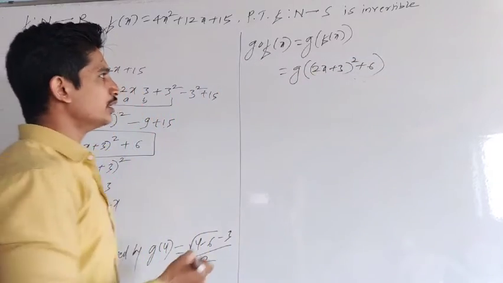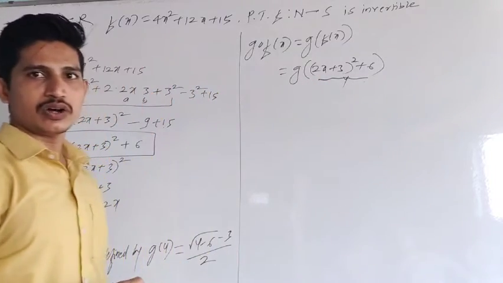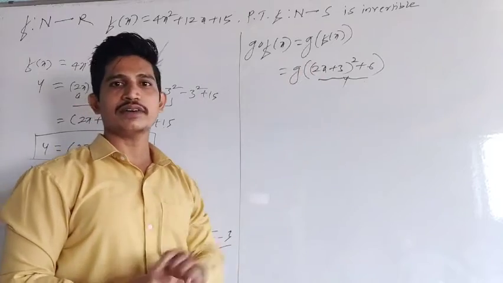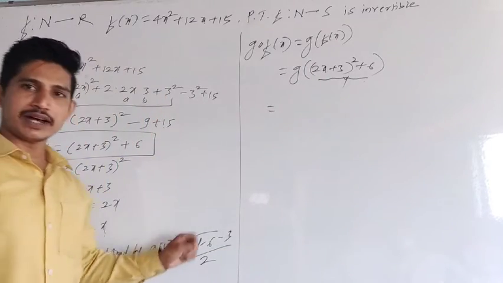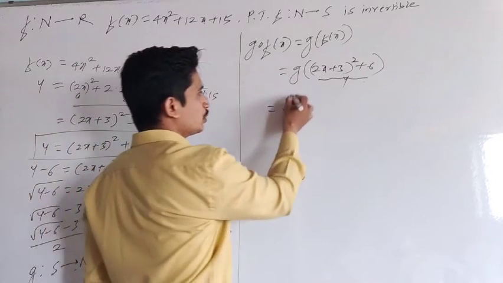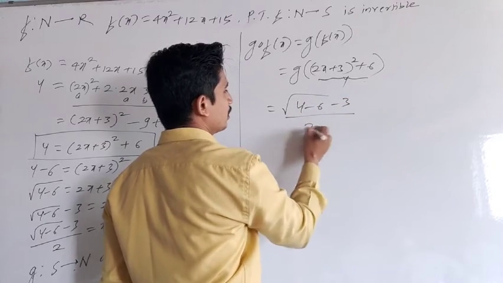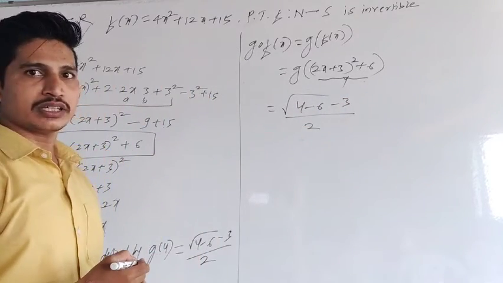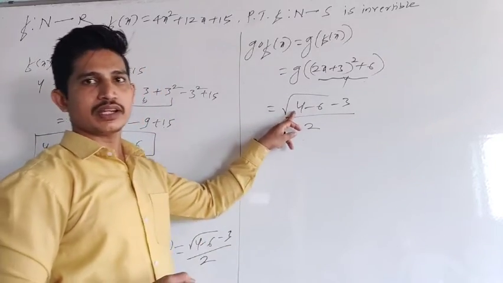Now it is g of y. What is g of y? We got here root of y minus 6, minus 3, divided by 2. Now see here, where y is there, put the value of y.